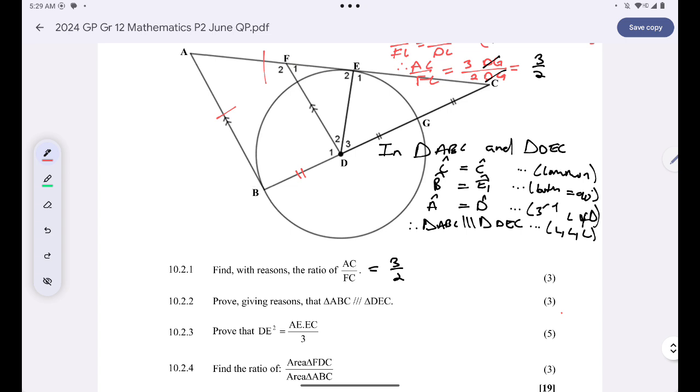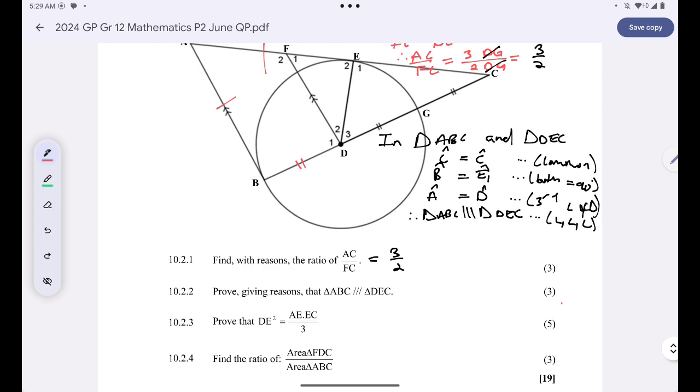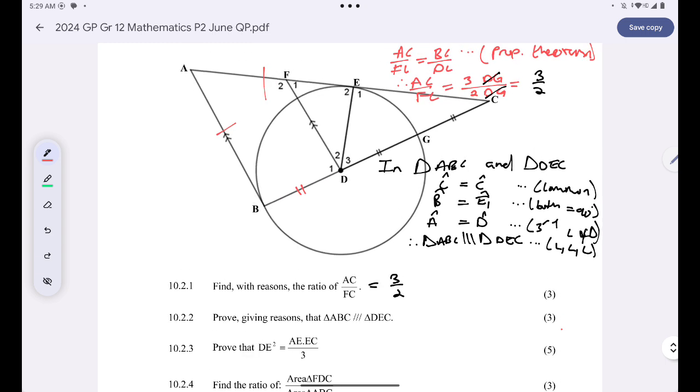We'll firstly focus on triangle ABC, the bigger triangle. We'll check which side is subtending angle C. AB is subtending angle C, right? Which side is subtending angle B? Angle B is subtended by AC. Which other side is subtending angle A? Angle A is subtended by BC. Are you together?